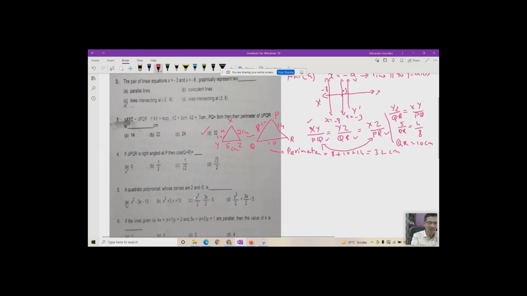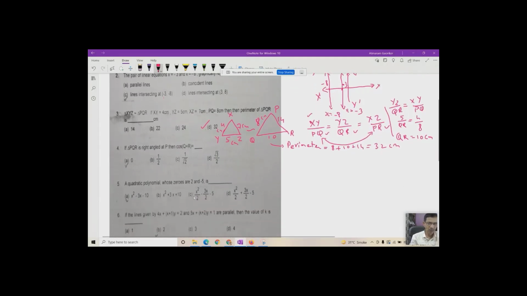Next one is question number 4. In triangle PQR, if triangle PQR is right angle at P, then cos of Q plus R is equal to dash.